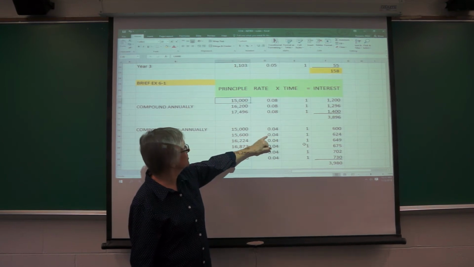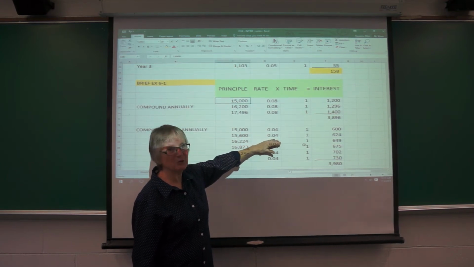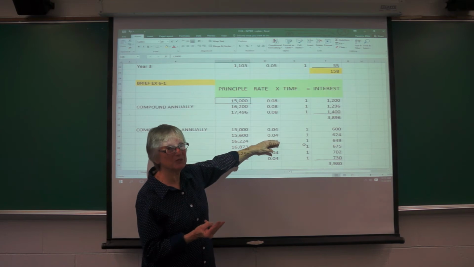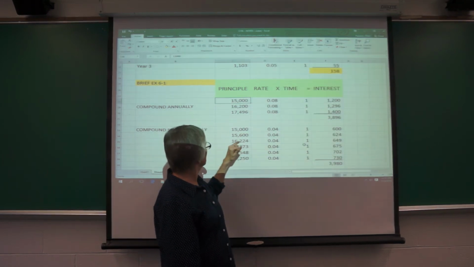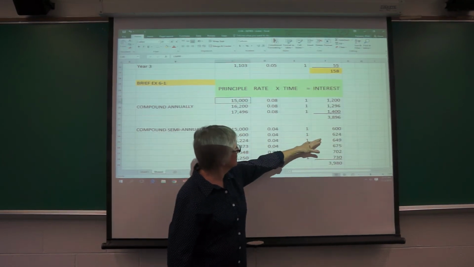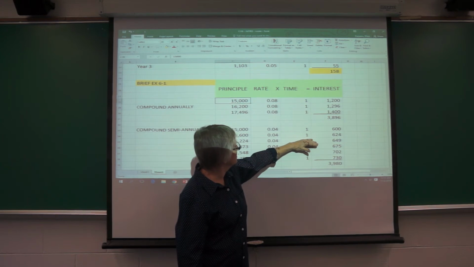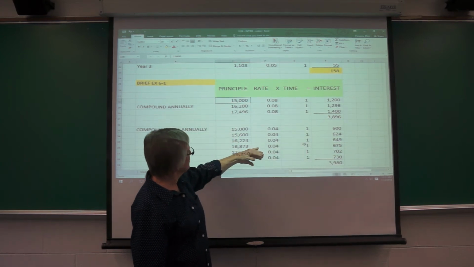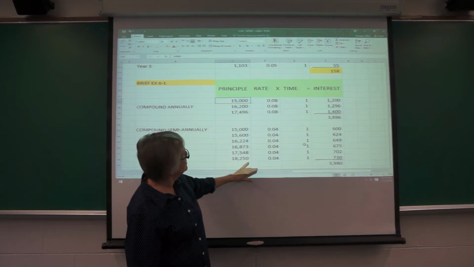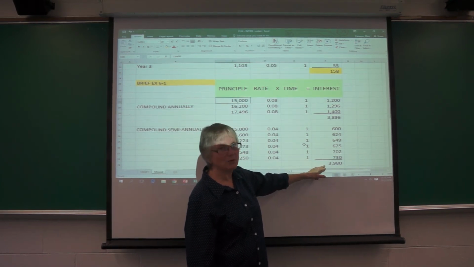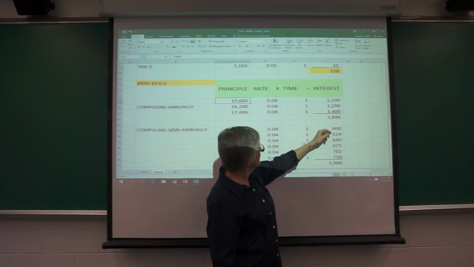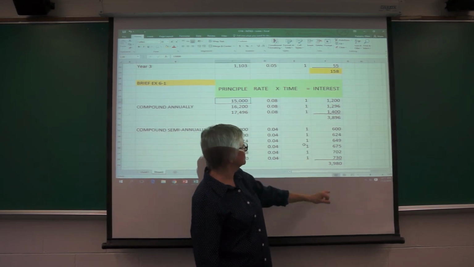So it would be 4%. It would be 8% total for the year, but because there are 2 periods in the year, each period has 4% attached to it. So you'd be going 15,000 times 4%, compounded, you get the 624. So at the end of year 1, that's where you are. Year 2, you would do the same thing. And you can see that compounding semi-annually, the bottom line is that there is a lot more interest involved. Here it was 3,896, here it's 3,980.